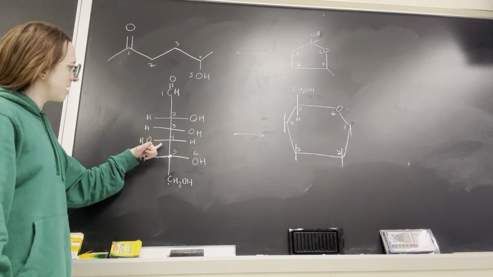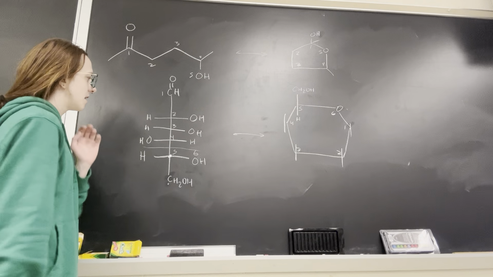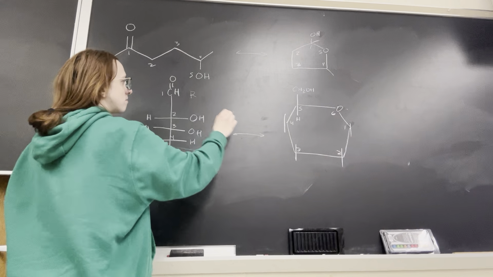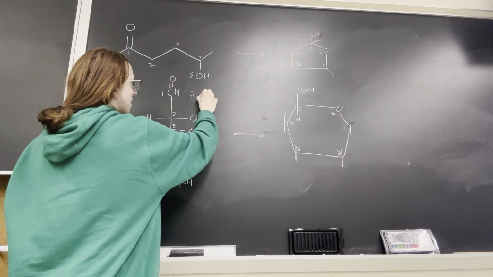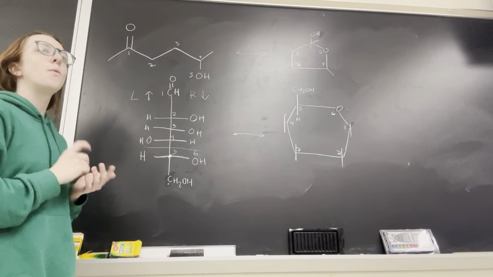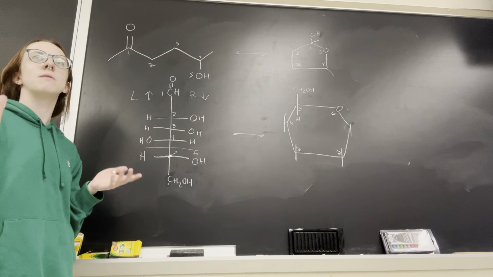If you keep moving up, you get to these. Basically, if it's on the right side, when you're putting the OH, it's gonna go down. If it's on the left side, it's gonna go up. The way that I remember it is counterintuitively, because I'm right-handed, and so I think right should go up.